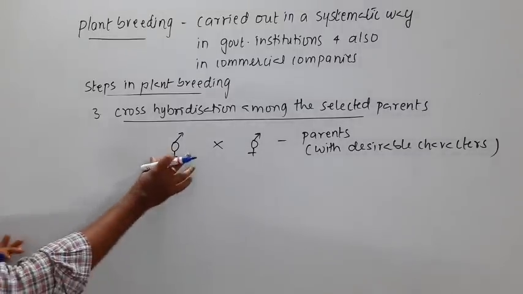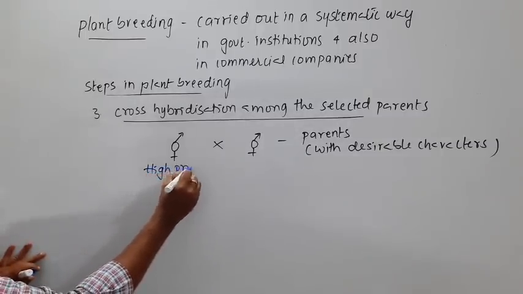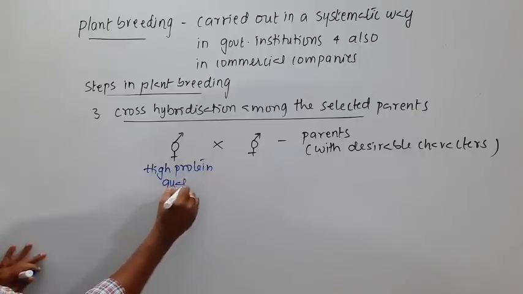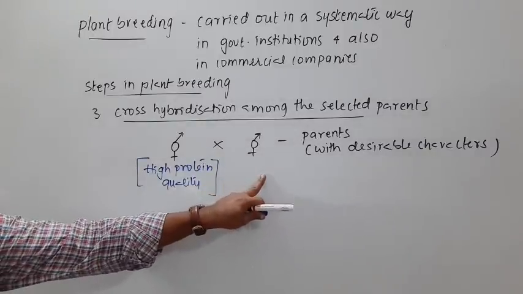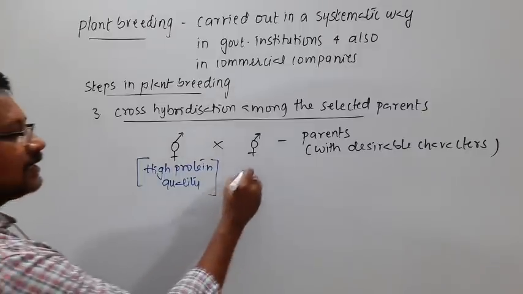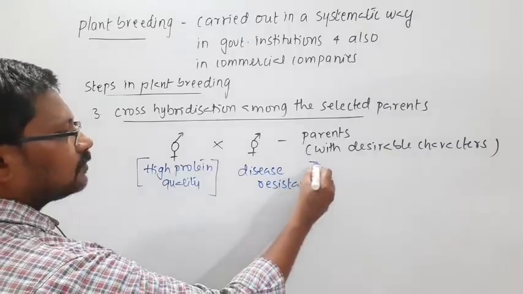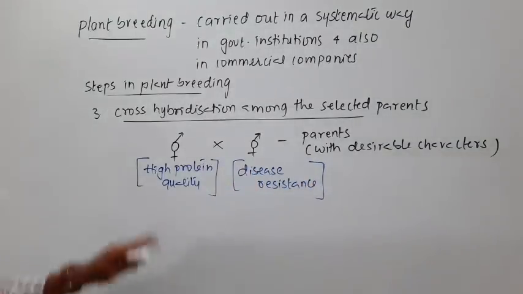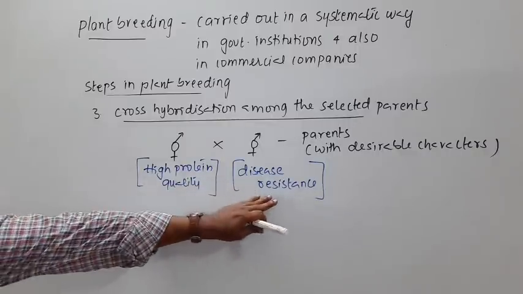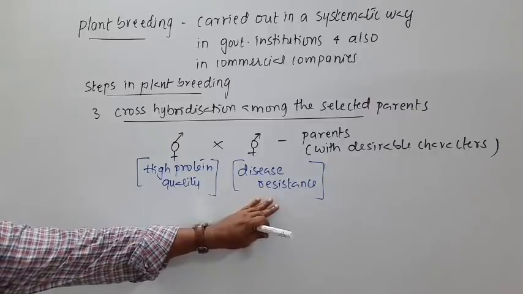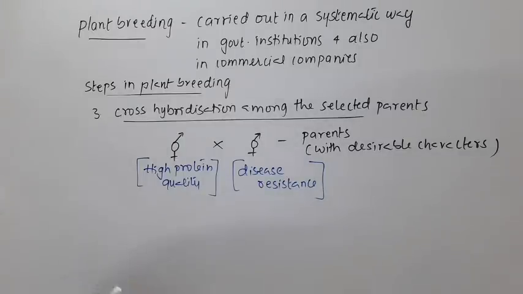Say suppose one of these parents has high protein quality, and the other parent has disease resistance. Which means this one has high protein quality but no disease resistance, and this is the parent that has disease resistance but no high protein quality. I don't want to grow these two plants separately.